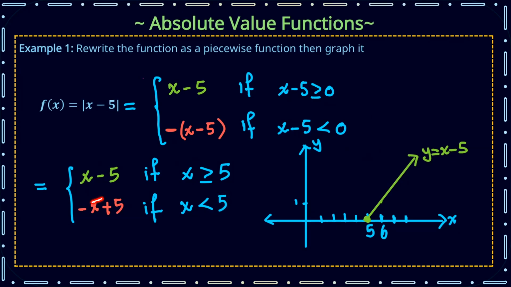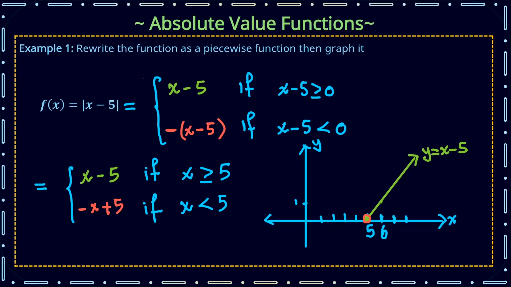If I put 5 for x, I get negative 5 plus 5, and that results in 0. So 5, 0 is right there, but as you see, the point is not solid. It's a hole because 5 itself is not included, unlike before.